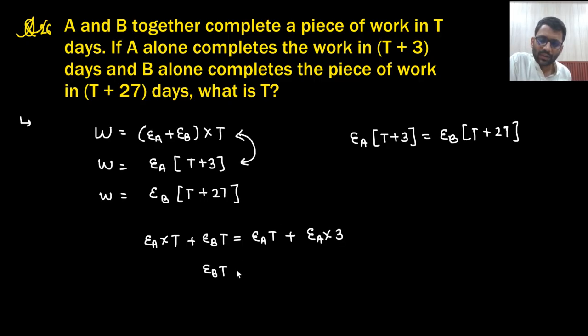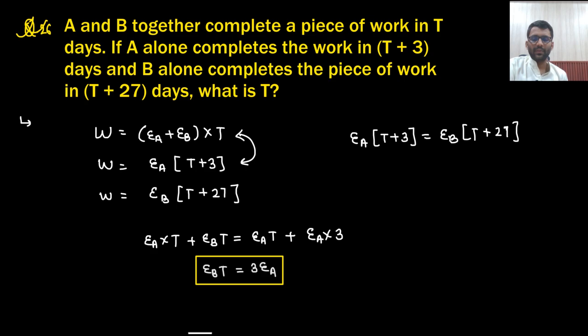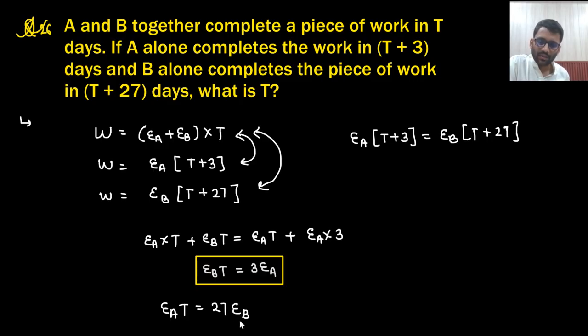So EB into T is equal to 3 into EA. So this is one relation that we are getting. And by equating these two as well, we can get one equation. That would be EA into T, because EB into T will get cancelled, equal to 27 of EB.